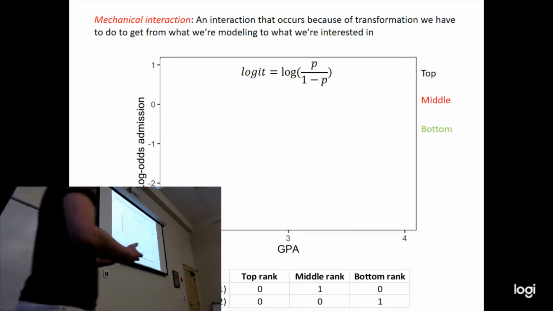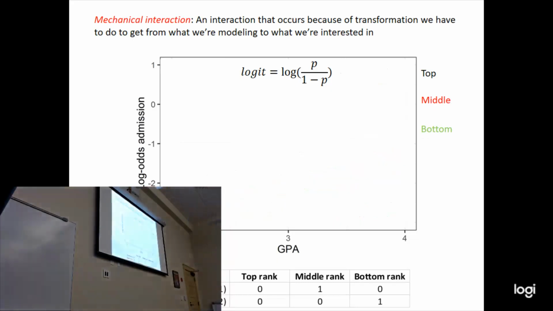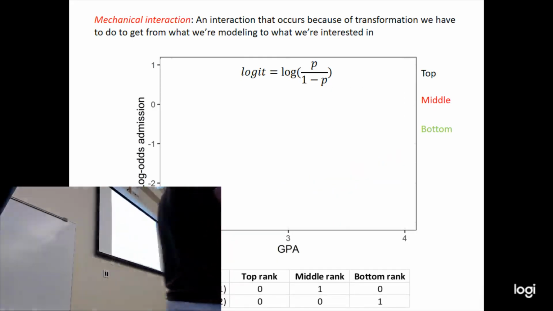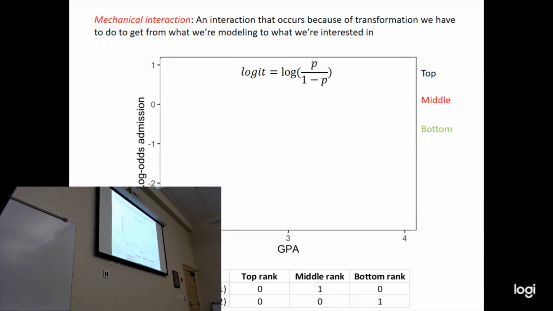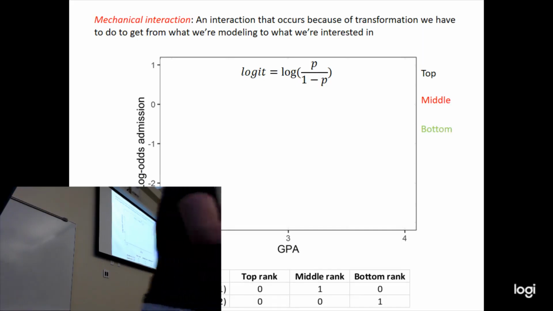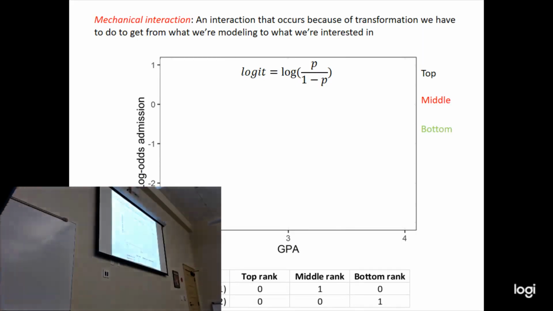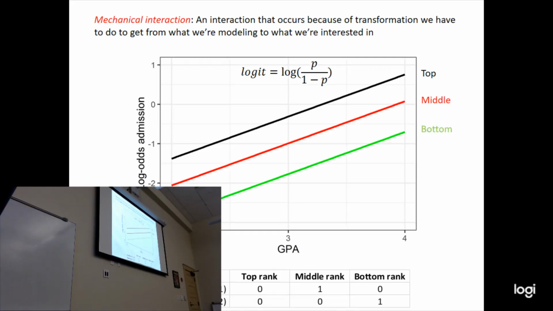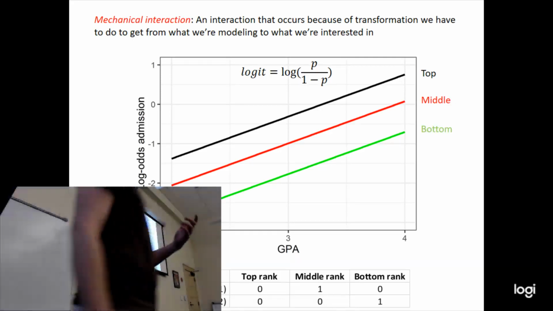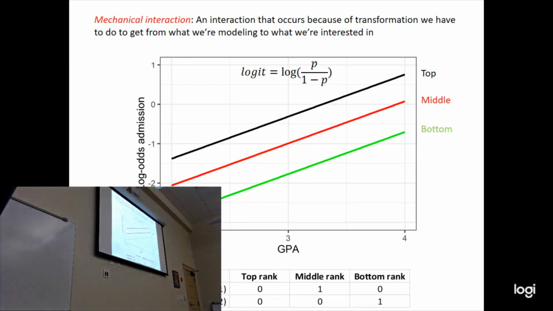So I'll show you what happens if you travel that mathematical bridge, the link function. All I'm doing is transforming probability to log odds, or rather I'm plotting what the model tells me in terms of what's actually being modeled, which is log odds. And if we're in log odds land, we are actually working with parallel lines.